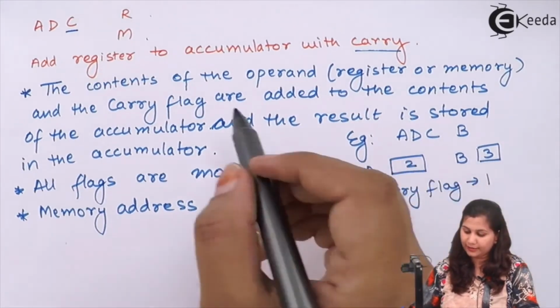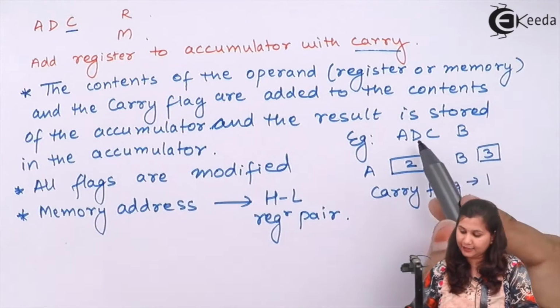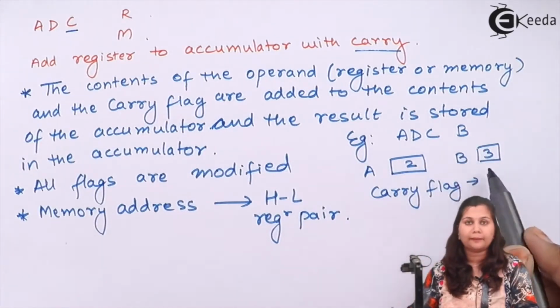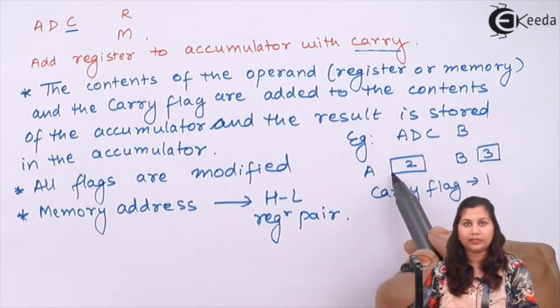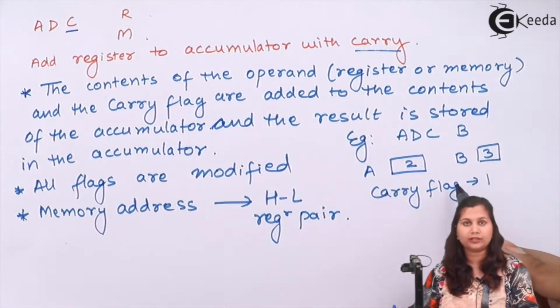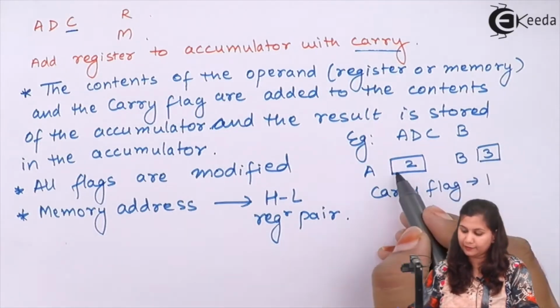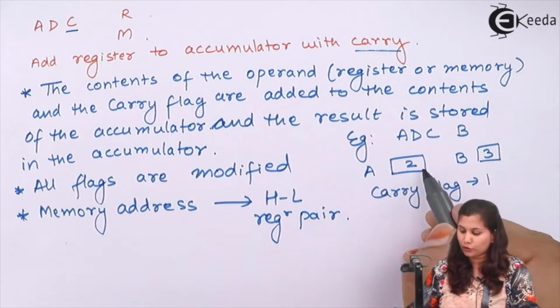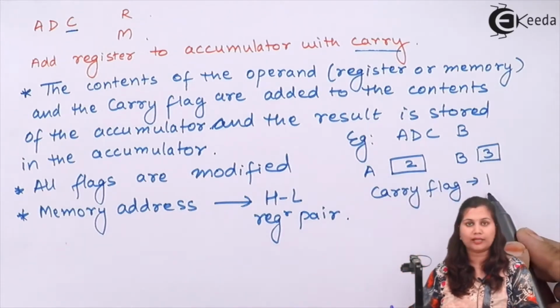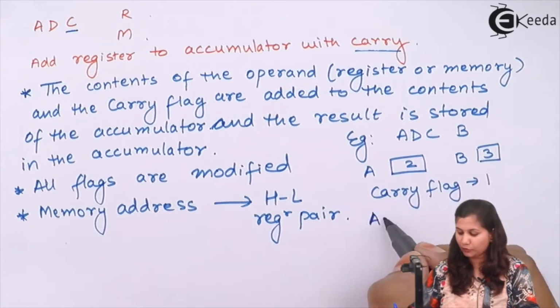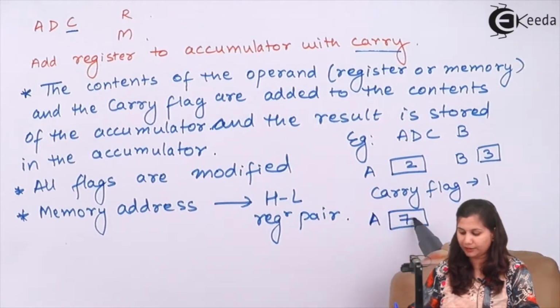So this instruction ADC is going to add the B register with the accumulator register and also the carry flag, and the result will be stored in the accumulator. So 2 plus 3 plus 1, it will be 6. So accumulator will have 6 here.